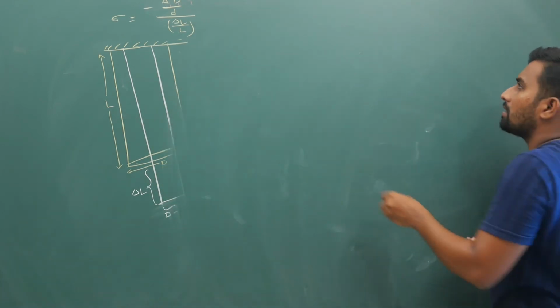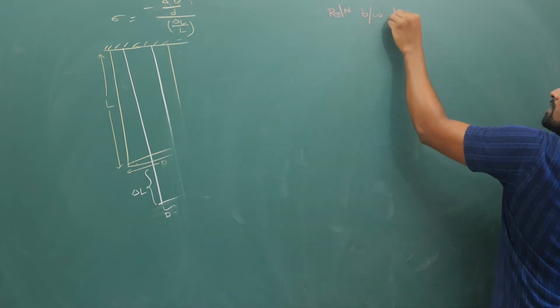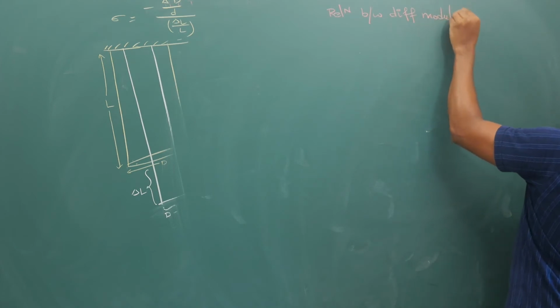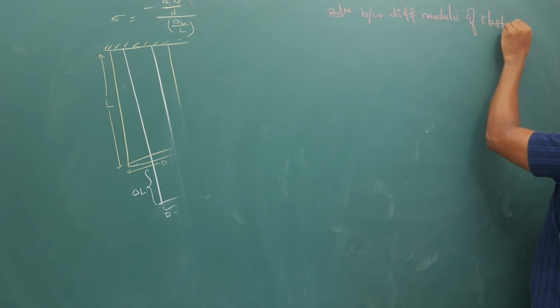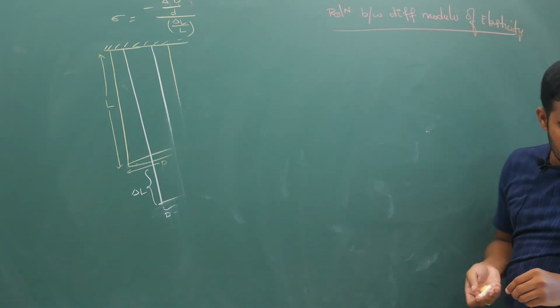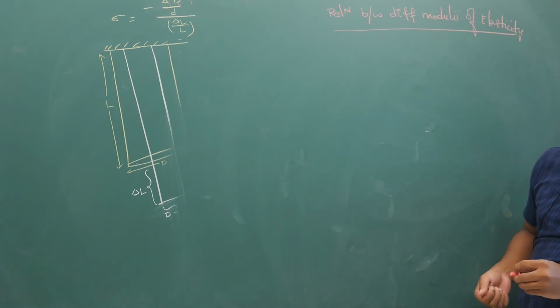Your relation between different moduli of elasticity is not required, that is why I have kept it in the problem solving session. Those who are watching my videos for free also, no issues, you will get benefited.